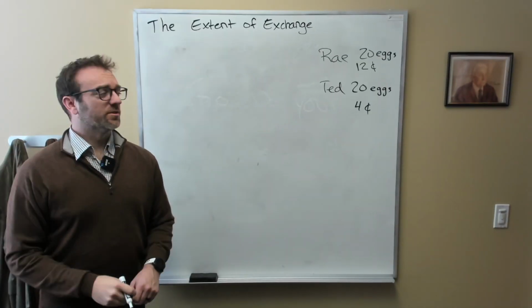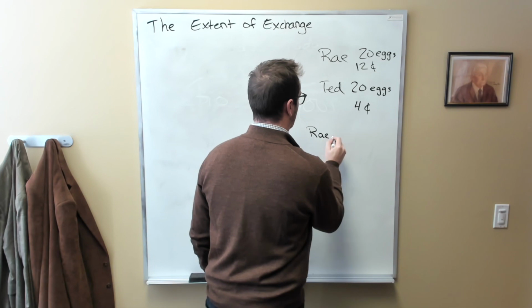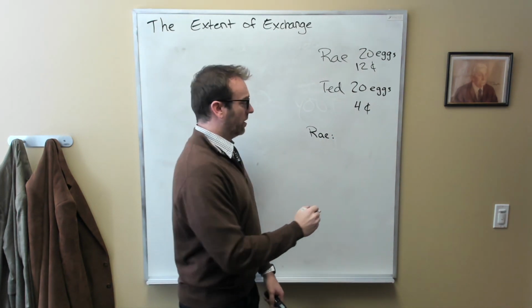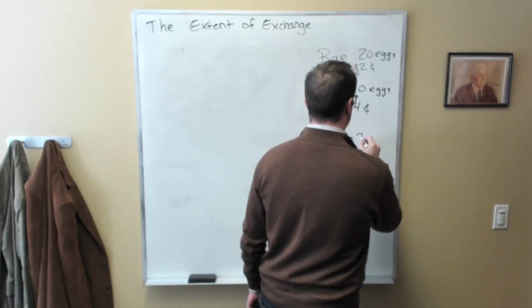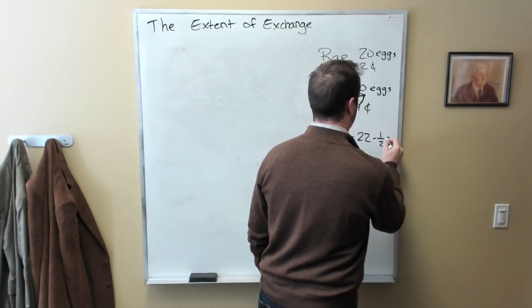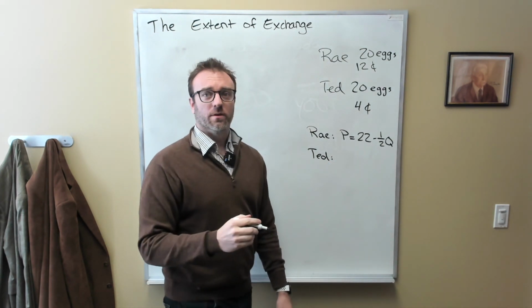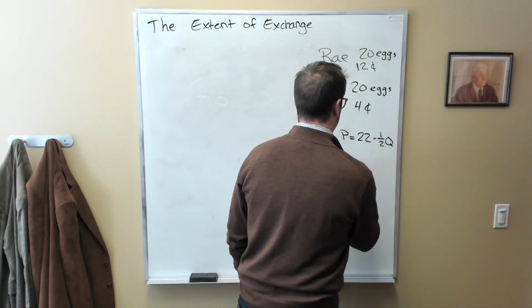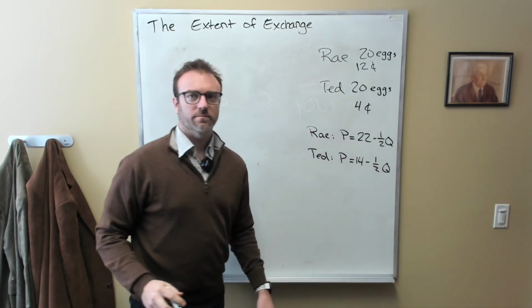If we wanted to use some equations for this, we could say that Ray's demand curve would be given by the equation P equals 22 minus 1/2 Q, and Ted's would be given by the equation P equals 14 minus 1/2 Q.